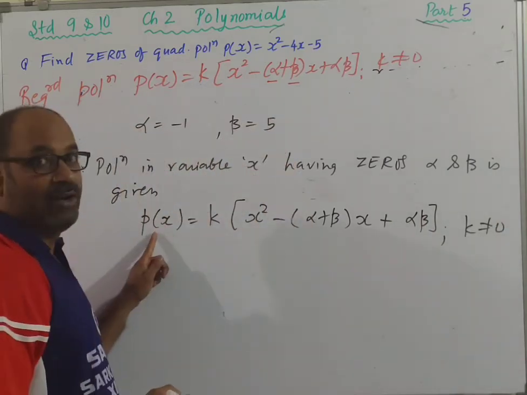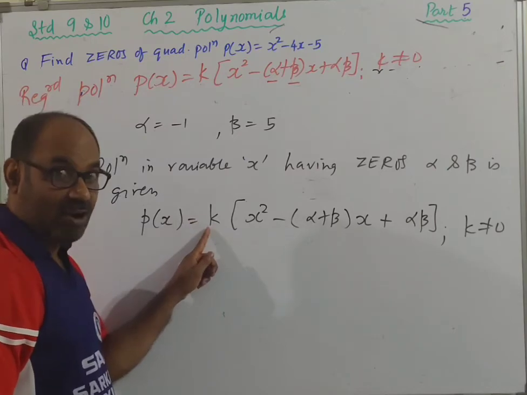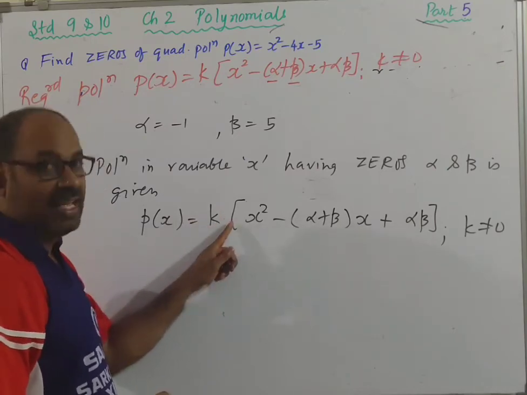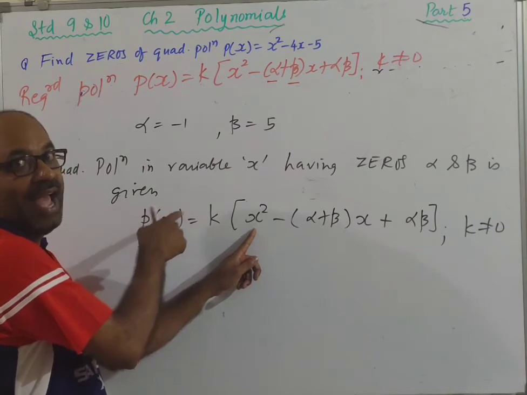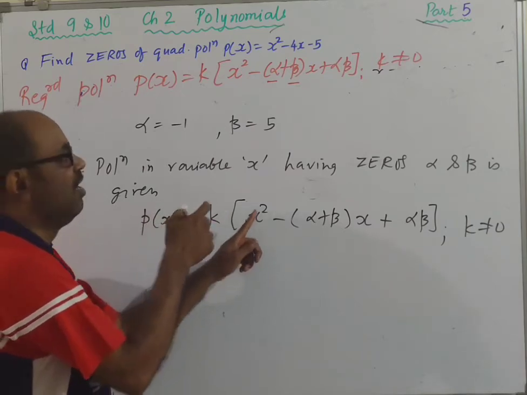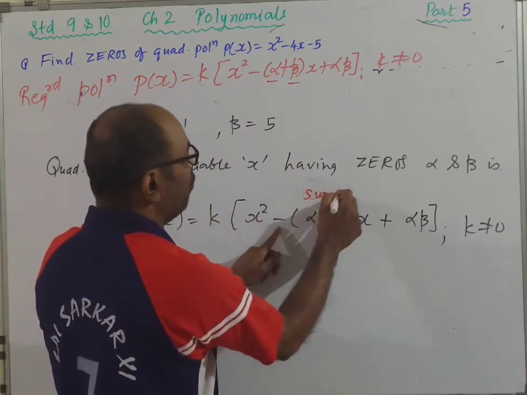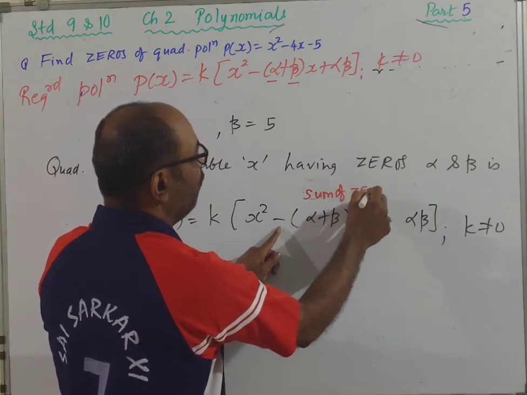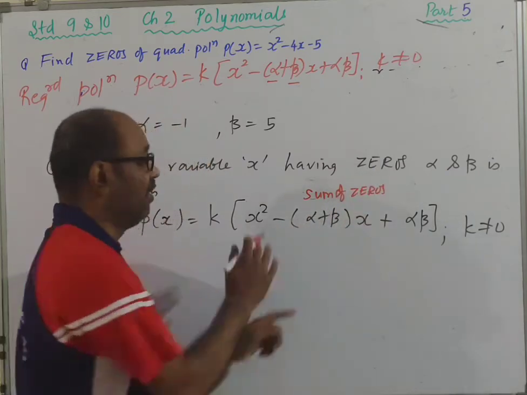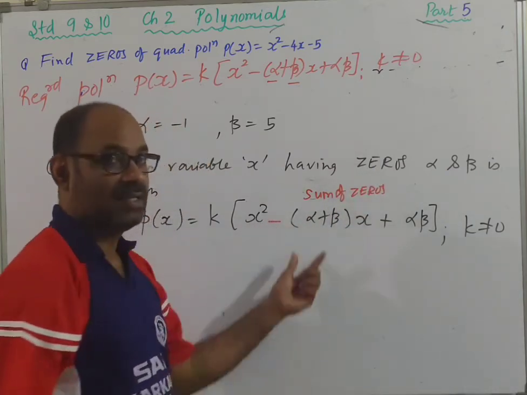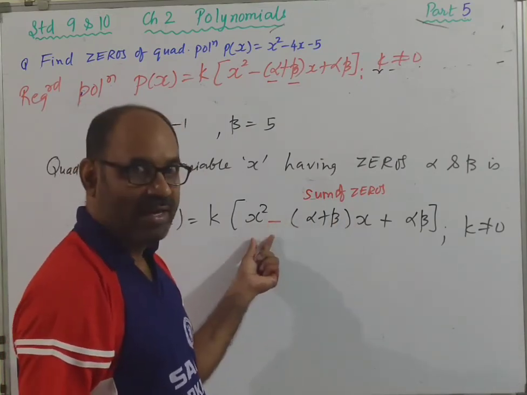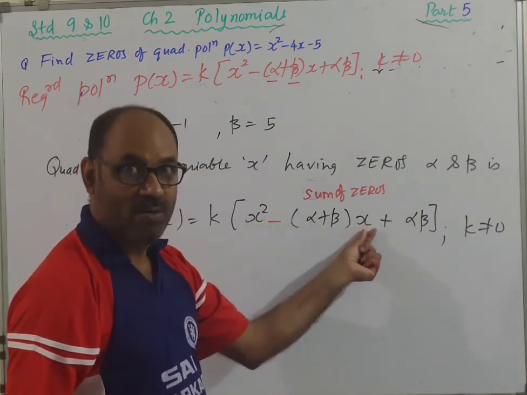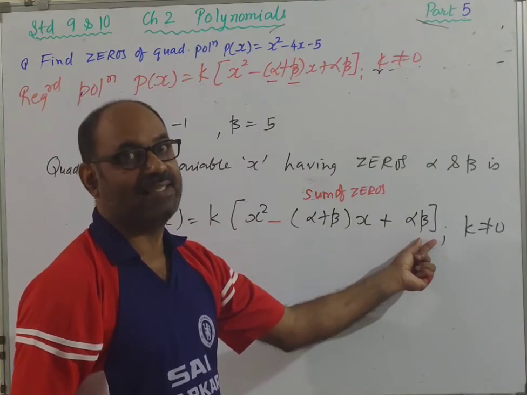So what is the quadratic polynomial? K, that non-zero constant, in a large bracket, x square minus the sum of zeros. This is the sum of zeros, but the minus sign is very important, minus sum of zeros into x. The first term will have degree 2, the second term will have degree 1, and then degree 0. There won't be x in the third term.